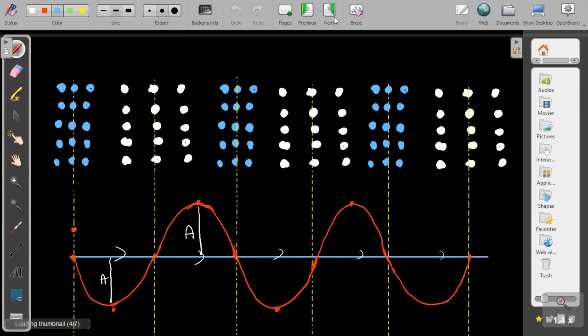Now see how it changes. Draw the axes. On the y-axis, I mark the amplitude, and on the x-axis, displacement. How does it change? Looking at the middle line, it is zero displacement. The middle line of this one, again zero displacement.